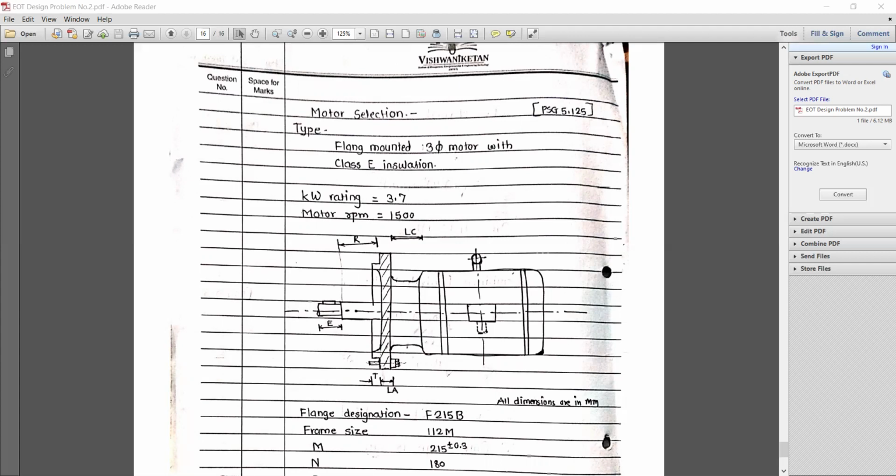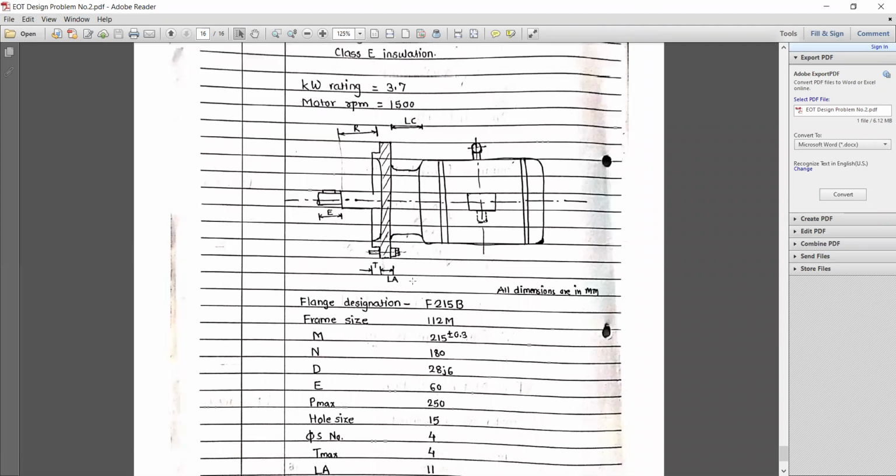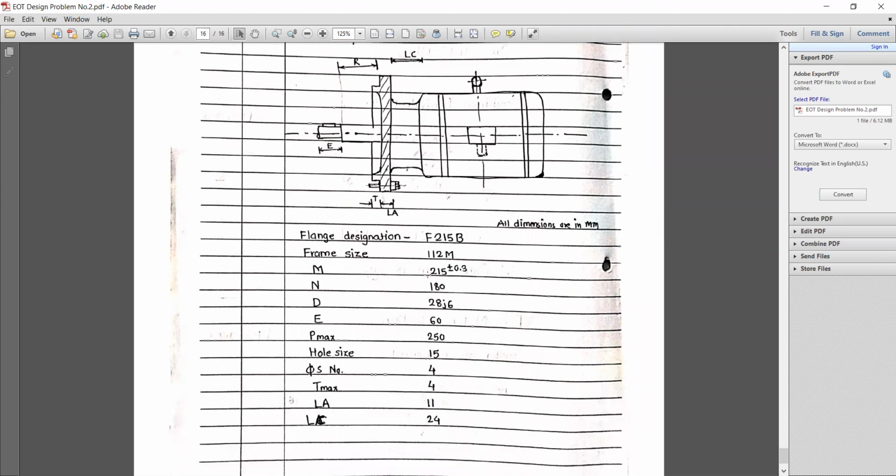So selecting 3.7 kilowatt with a motor RPM of 1500. You can note down the basic dimensions, frame size, and flange dimensions or designation, so that we can easily recognize this motor.